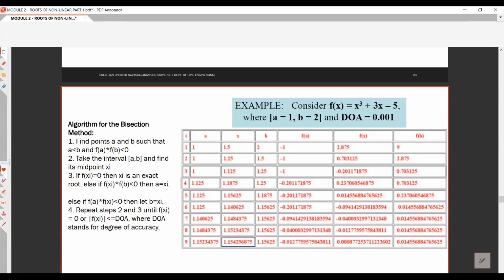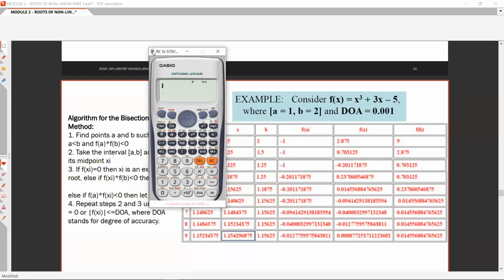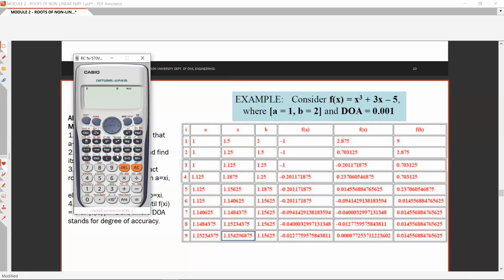I think dapat mas maganda may calculator tayo para mas ma-appreciate nyo. Let's solve natin isa-isa. We have x cubed, plus 3x, minus 5.